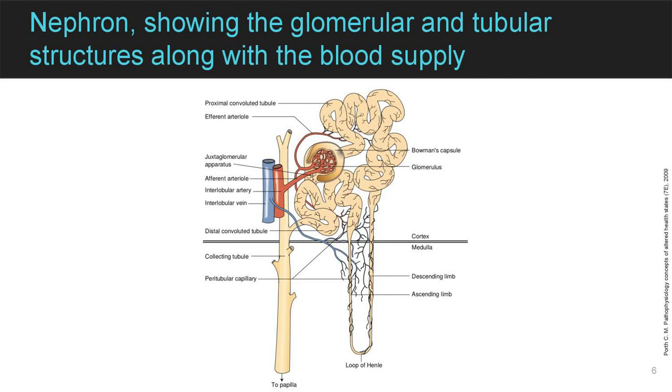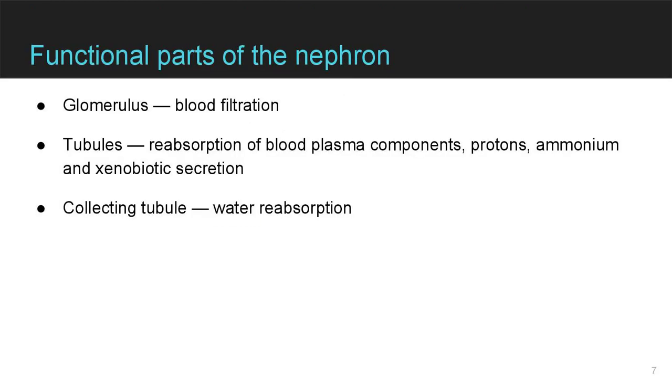Functional parts of the nephron. Glomerulus. The main function of the glomerulus is blood filtration. The difference between diameters of afferent and efferent arterioles works like a structure which does blood filtration. Tubules. The main function of tubules is reabsorption of very useful components into blood.